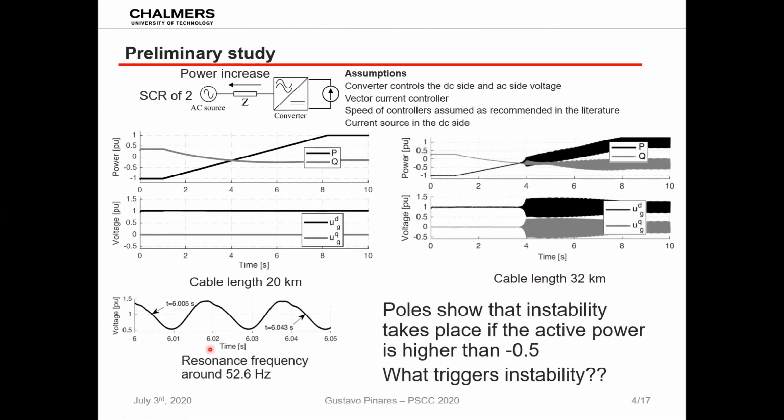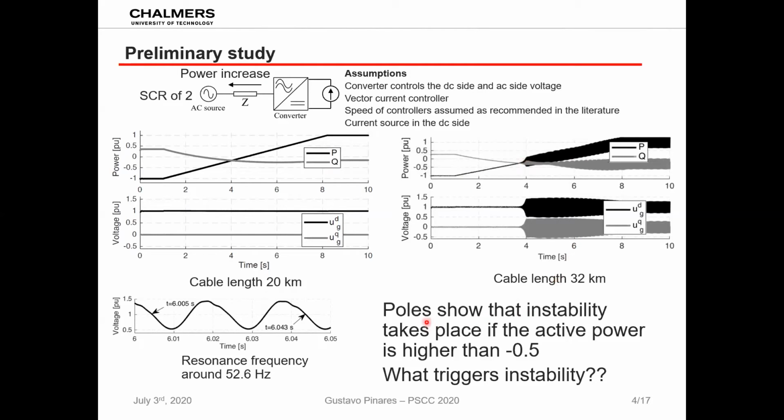We see that in the first case, with the cable length of 20 kilometers, there is no instability. The new operating point is reached without any problems. But with the longer cable length, we see growing oscillations in the simulation.